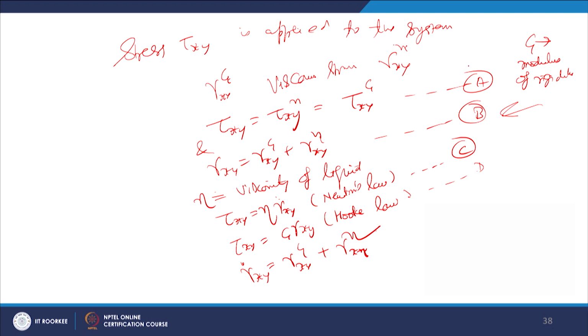If we combine equations A, B and E with equations C and D, it becomes d tau xy dt is equal to g d gamma xy dt minus tau xy lambda, where lambda is equal to g over eta.